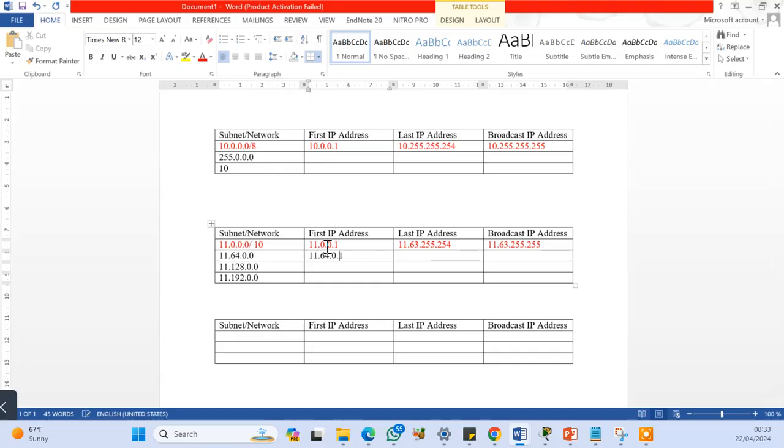Copy this, you add the one. Copy this, you add a one. So these are the first IP addresses in each subnet.